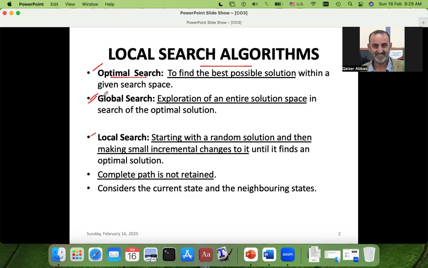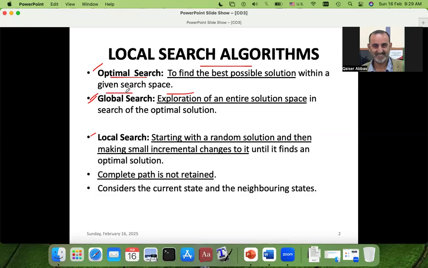And if we are going to explore the entire solution space, or the state space, for finding the solution, then this type of category would be called global search.